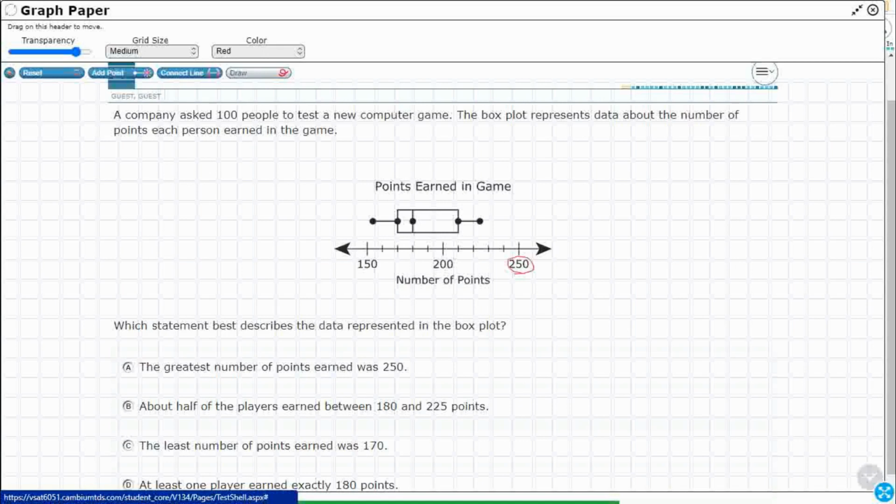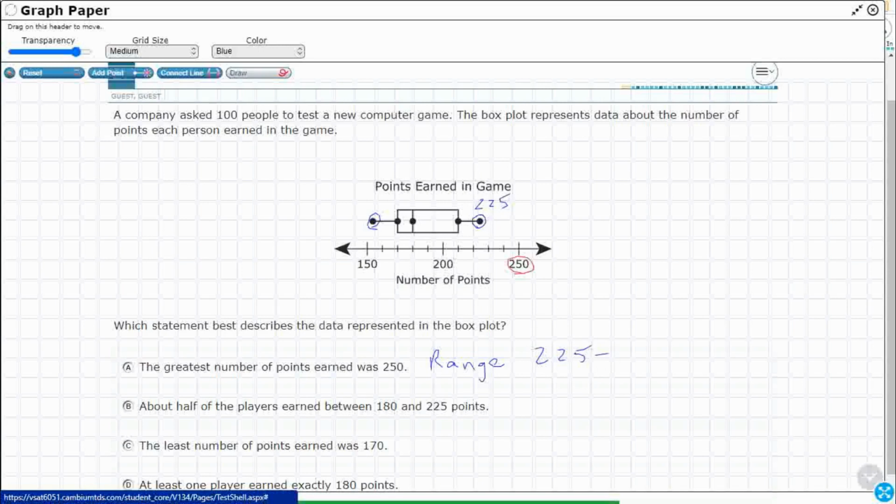But if you look at my box plot, look at right there. That right there represents our range. All right, so our range is going to equal the highest and the lowest, and it doesn't go up to 250. So if these are counting by tens, I'm going to guess that's about 225-ish. We don't need to know exactly.